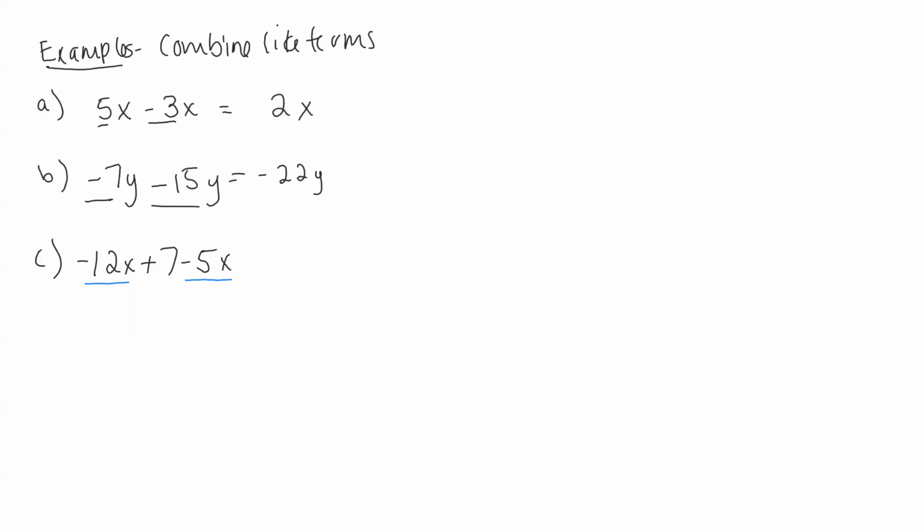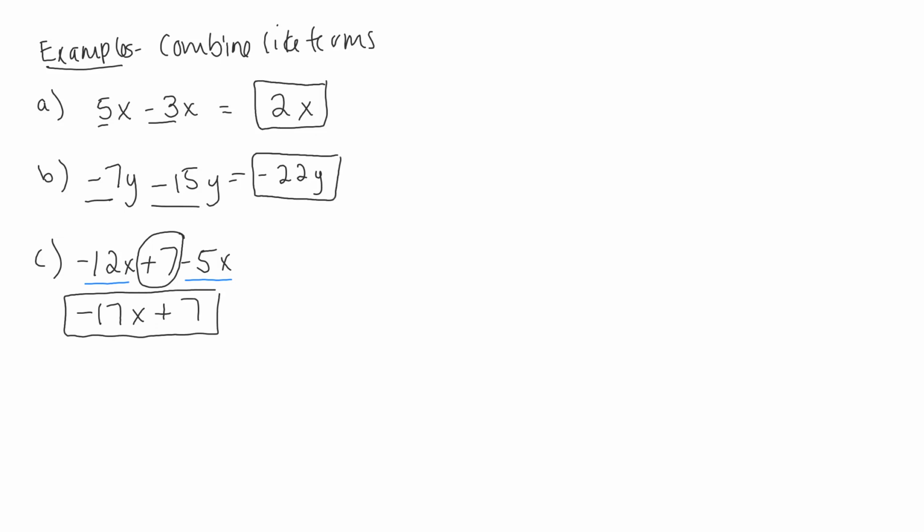So we're going to combine the negative 12x and the minus 5x. So we ask ourselves, well, what is negative 12 minus 5? That would just be negative 17, keep the x. And then this plus 7, it has nothing to combine with, so we just bring it down. Okay? So you can have an expression that has a mix of terms, combine what you can, and then just leave what you can't.